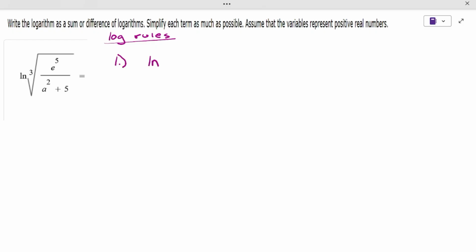The natural log of, let's do parentheses, e to the fifth divided by a squared plus 5. But don't forget, we're going to take that cube root and write it as a fraction, 1 over 3, with the root 3 in the denominator. Okay, perfect.